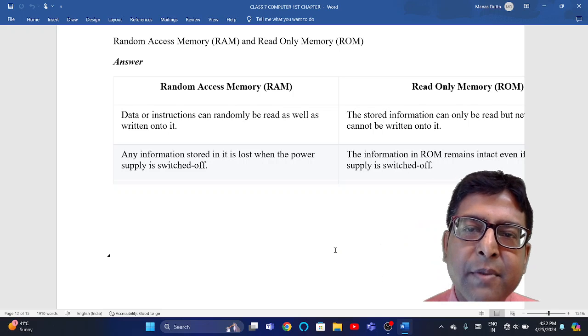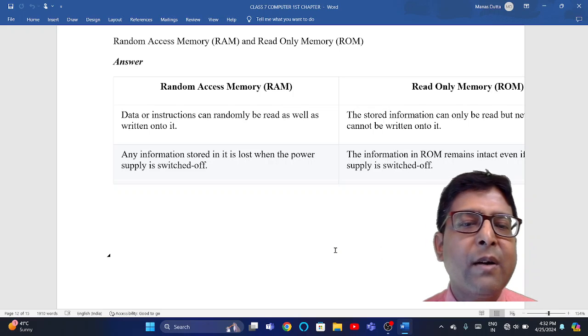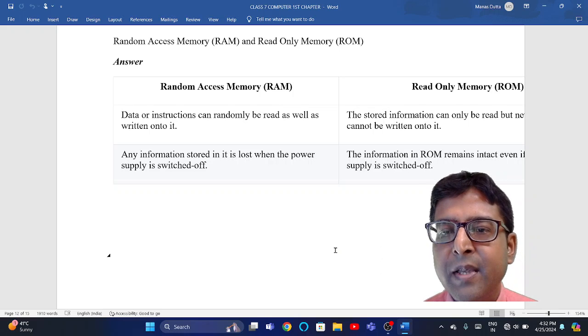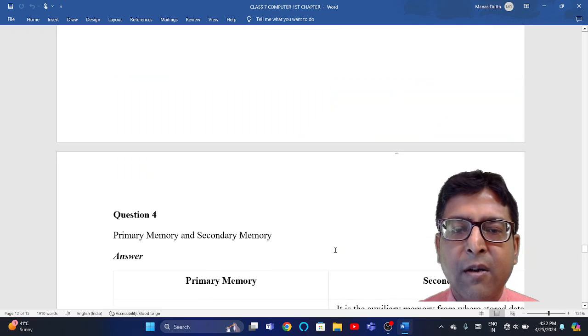In random access memory, any information stored is lost when the power supply is switched off. The information in ROM remains intact even if the power supply is switched off.